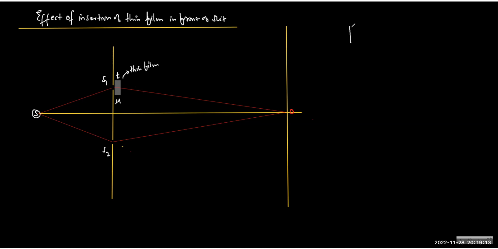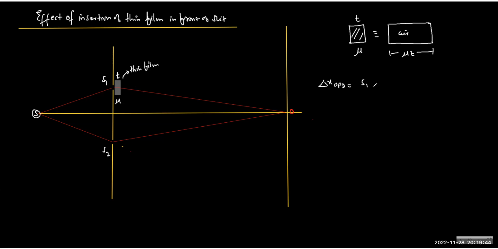So we know that every medium of thickness T and refractive index mu is equivalent to a vacuum or air of mu T thickness, right? Yes, sir. Do you remember? Yes, sir. So optically, if you try to find the path difference, the optical difference, I can write it like this. You can see carefully.